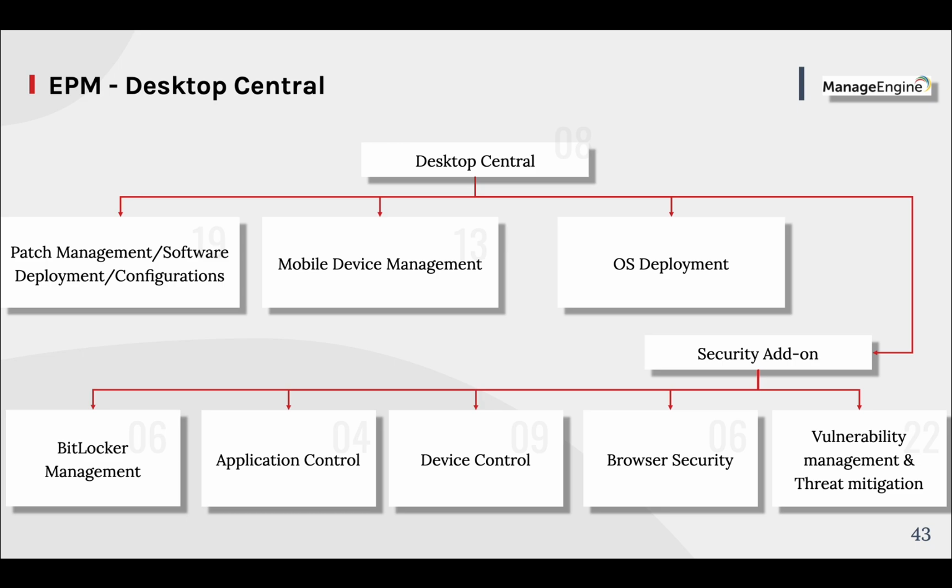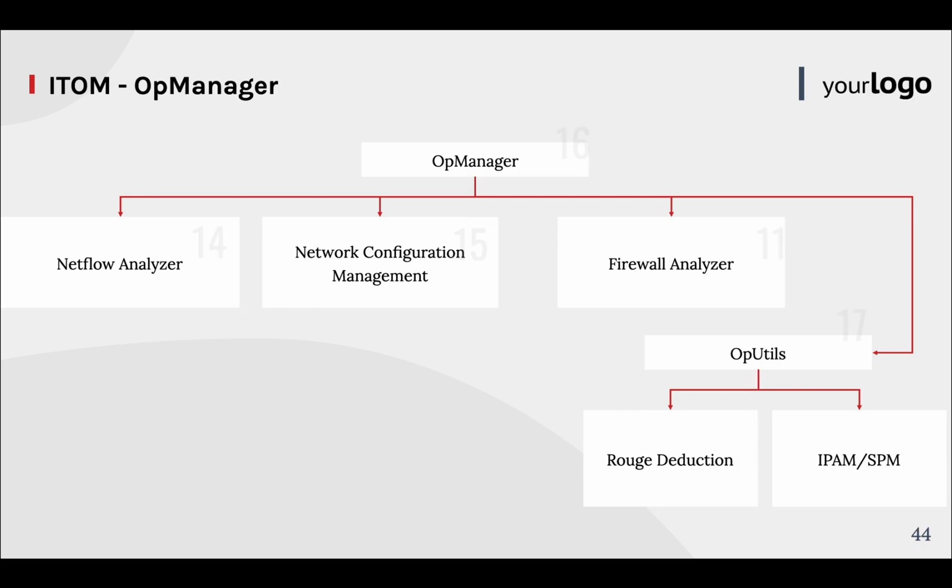So all these products combined, we have Desktop Central unified endpoint management software that gives you all these functions in one single console. So we rate this first in terms of CIS security controls.